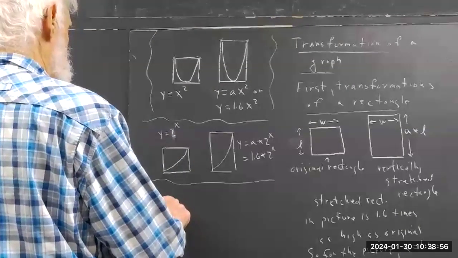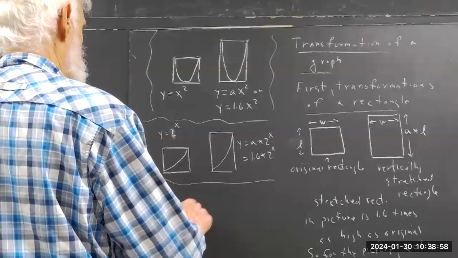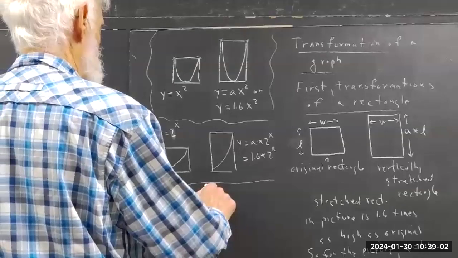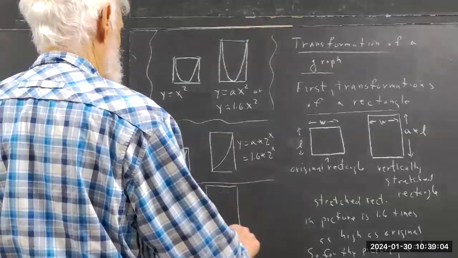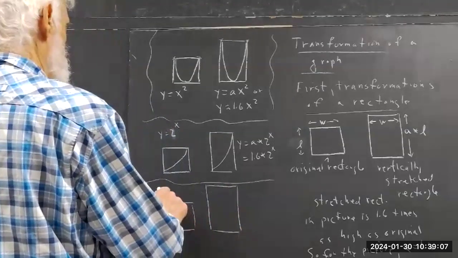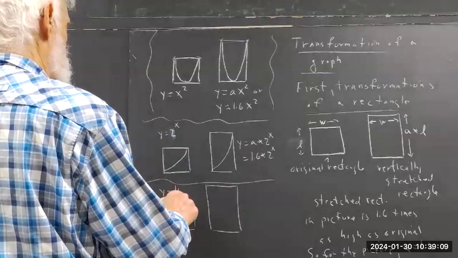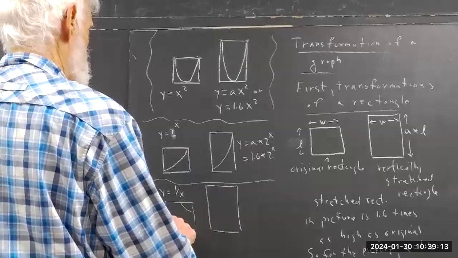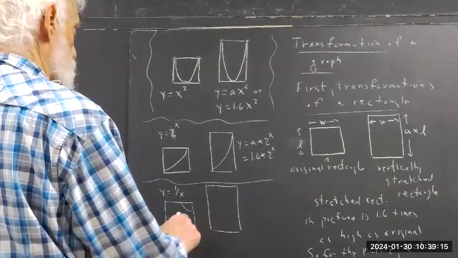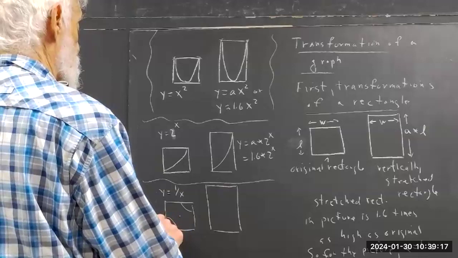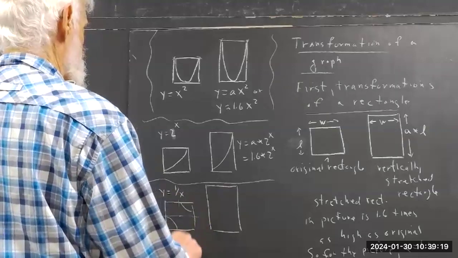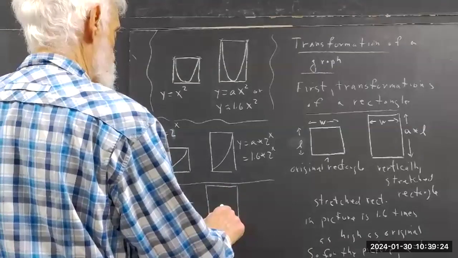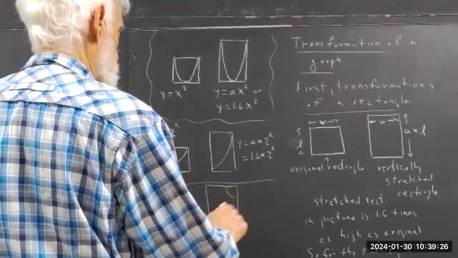Or we could do y is 1 over x. It might have a graph that looks like this, if your origin is here. Okay. We could do the same construction over here.